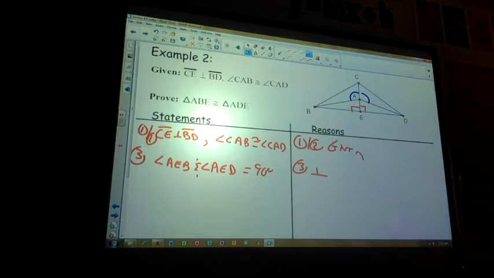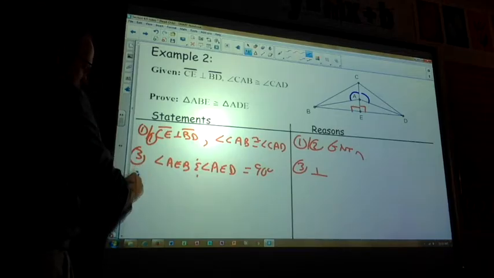We don't have a vertical angle. You've got to go the longer step. Longer step, everybody.